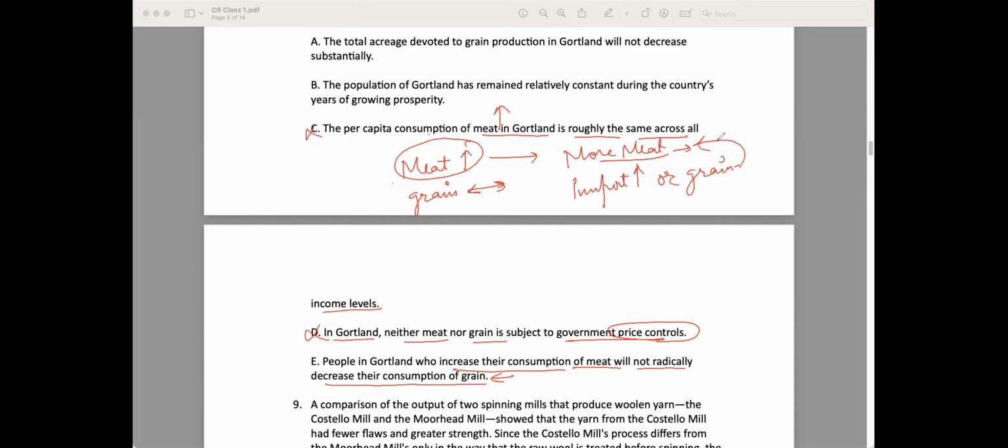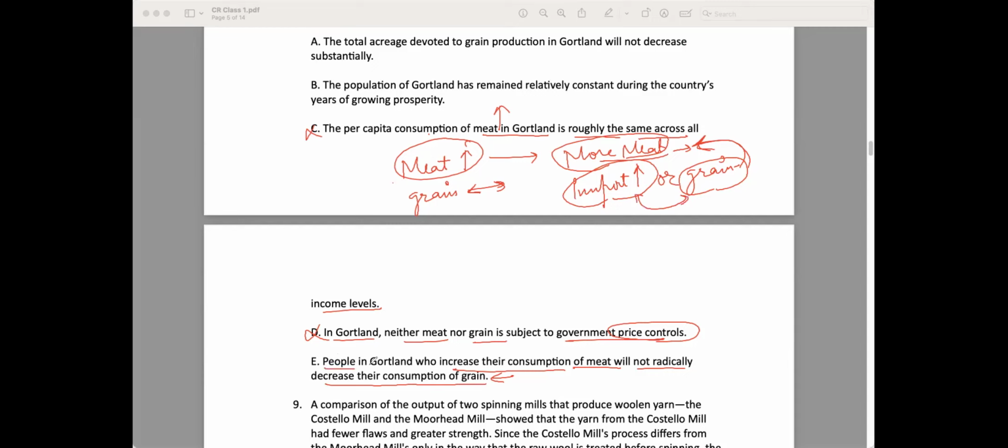That's the argument. Okay. More meat is required. Either we import meat directly or we import grain and then make meat out of it. Out of it means we'll feed it to, let's say, chicken or mutton, cattle, those kind of things. And then that's how more meat will be produced. Okay. So either of the two would be required.